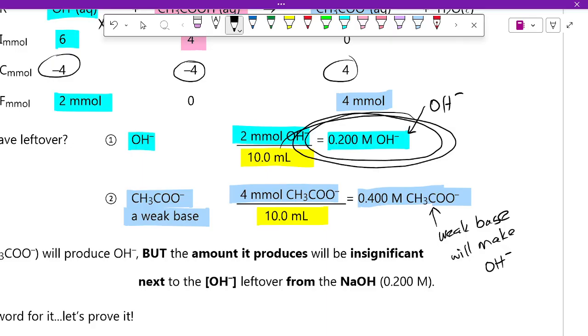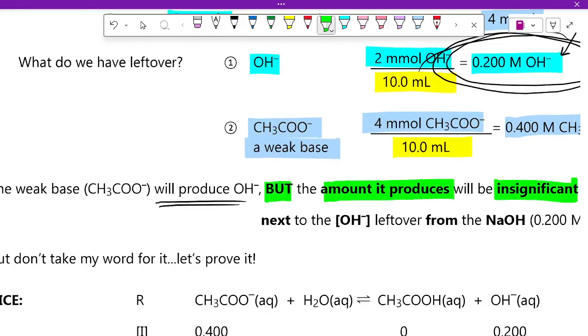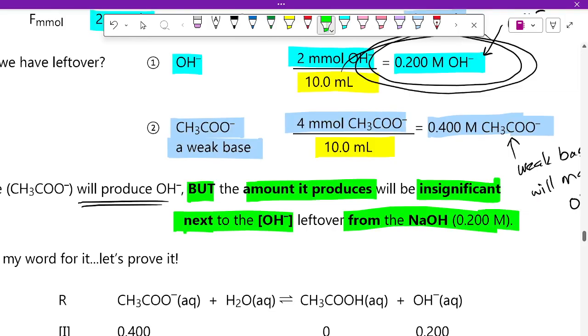Like tiny, tiny, right? Because Kb is what kind of a number? Kb is really small, okay? So the weak base will produce OH, but the amount it produces will be insignificant next to the OH from the excess NaOH. We can prove this, okay?